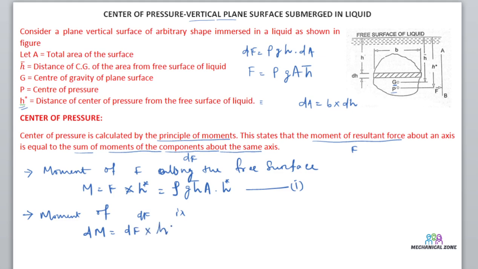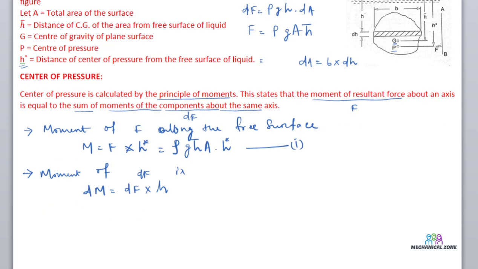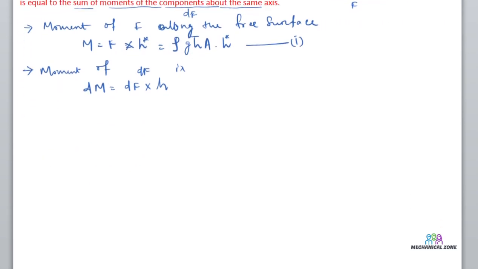The perpendicular distance is h. So we will calculate the moment of force dF acting on the small strip. Then, to calculate the moment for the whole area, we will integrate the moment of the small force dF on the small strip. Then we will get the total moment for the whole area. Then what is the next step?